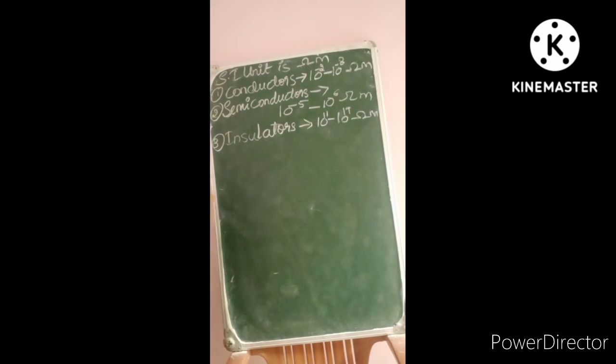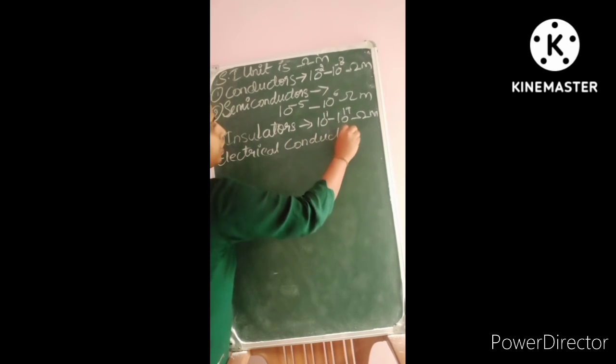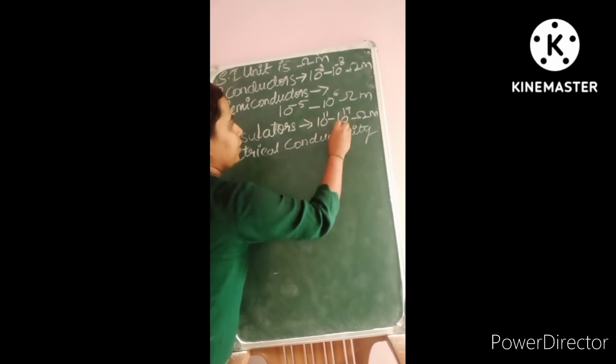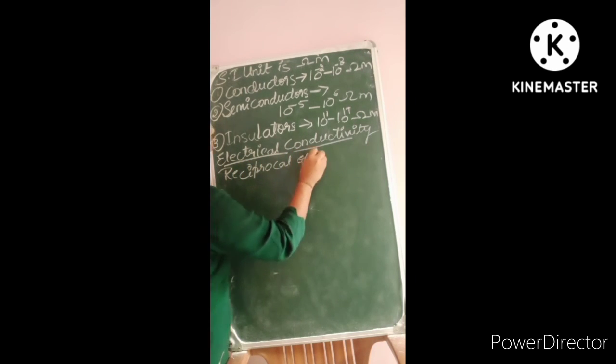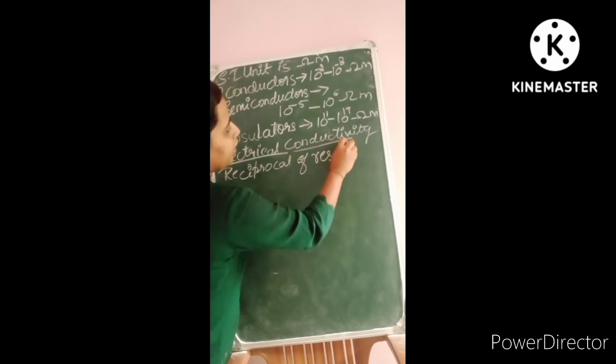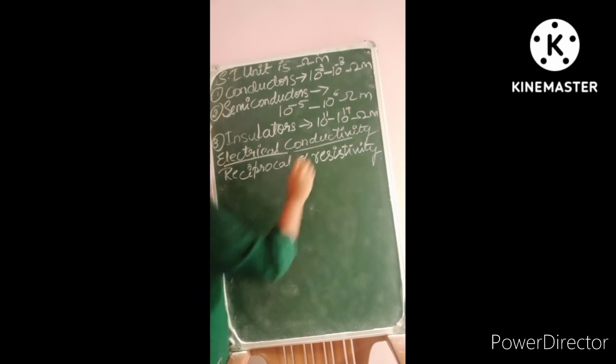So what is electrical conductivity? Electrical conductivity is nothing but the reciprocal of resistivity.